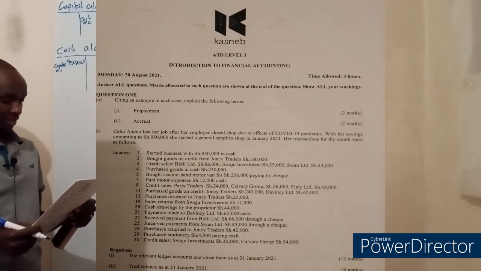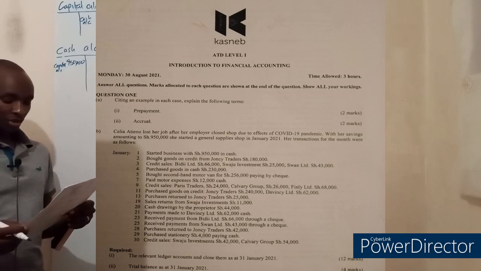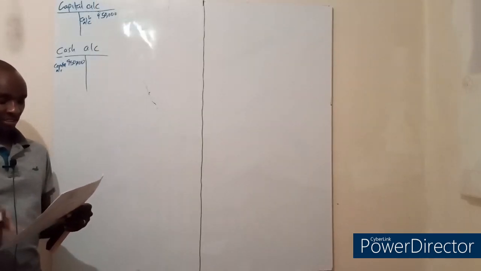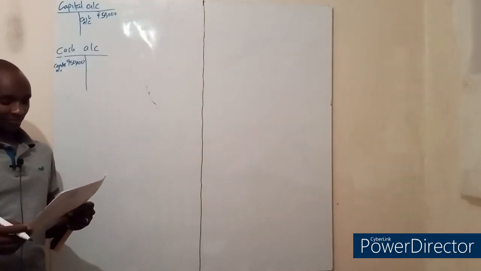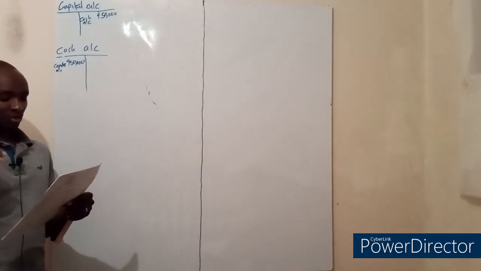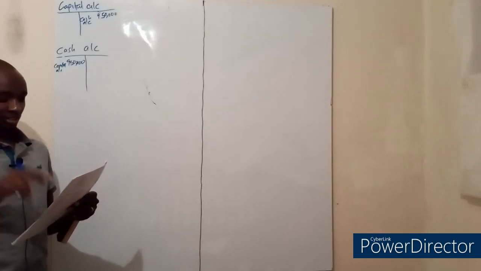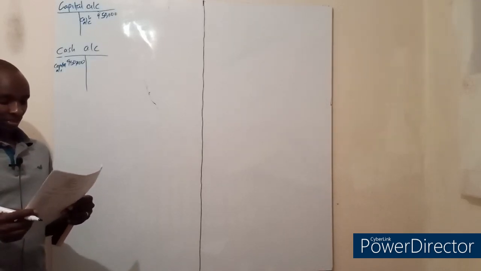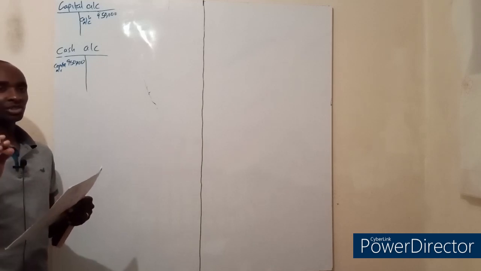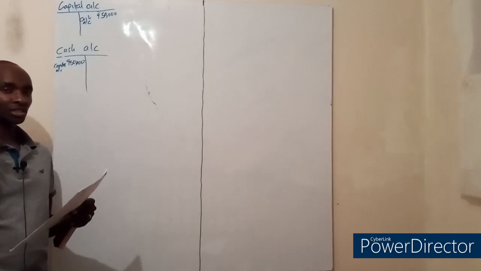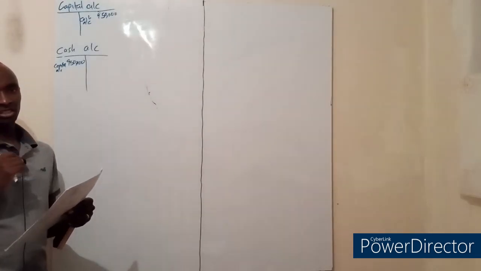January 2nd, bought goods on credit from Johnson Traders worth 180,000 Kenya shillings. Bought goods on credit from Johnson Traders, right? So I want us to identify at least two accounts in this transaction. And remember, this is a credit transaction. When we were introducing accounting, I told you that transactions are divided into two: the credit transactions and the cash transactions.